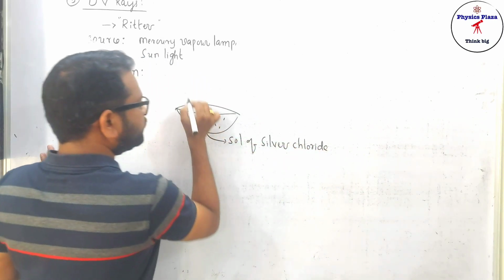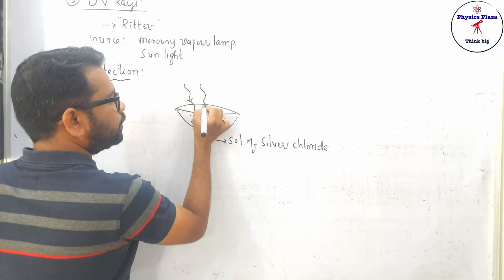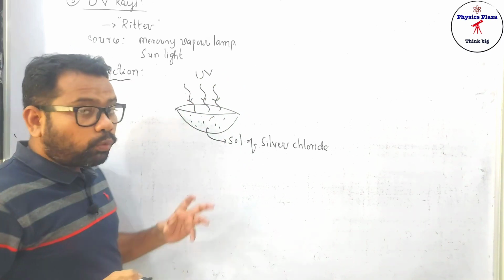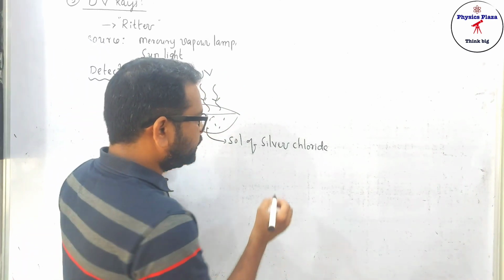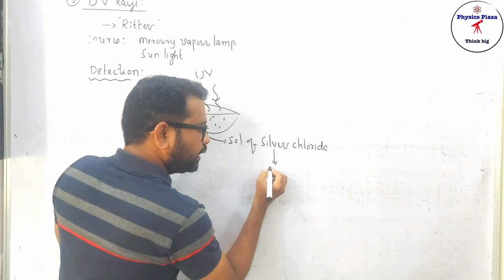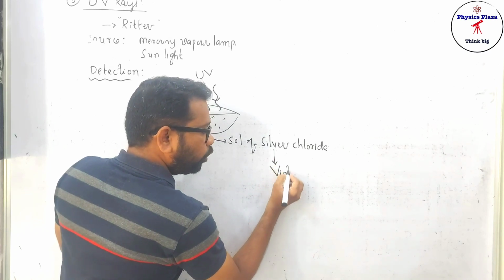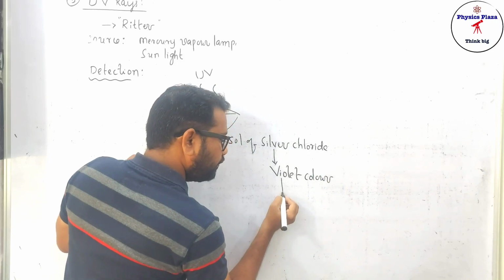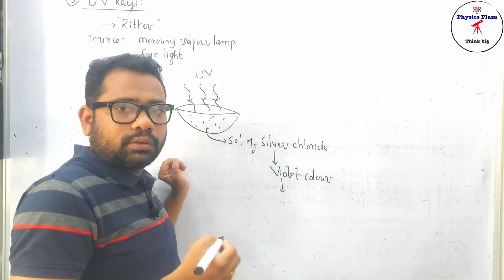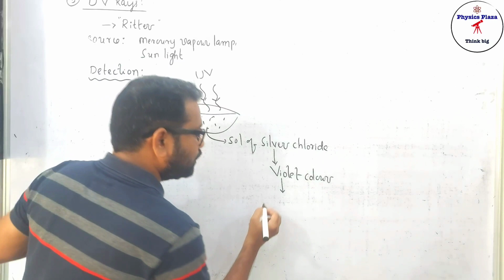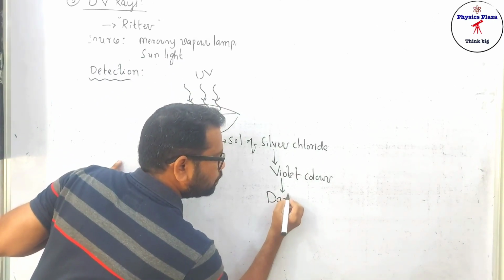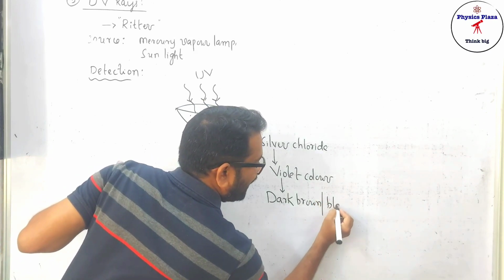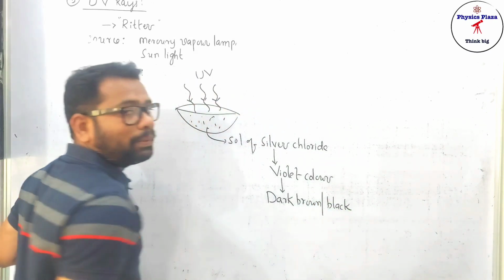Children, when this solution of silver chloride is exposed to UV rays, what happens? First it will turn violet in color. If it is exposed for a long time, then it will turn dark brown or black.